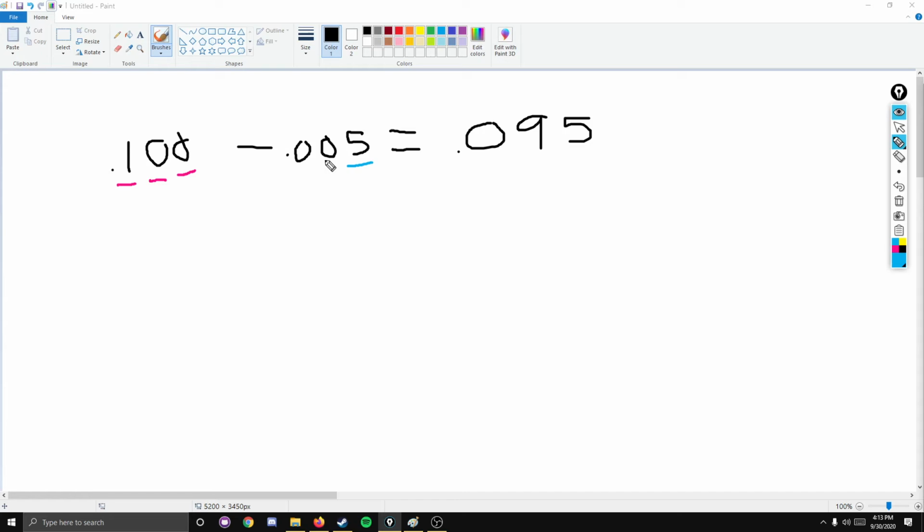Zeros that are to the left of a significant figure in a decimal place are not considered significant. So these zeros are not significant. For 0.100, I have 3 sig figs in my decimal place, while in 0.005, I have 1 significant digit.